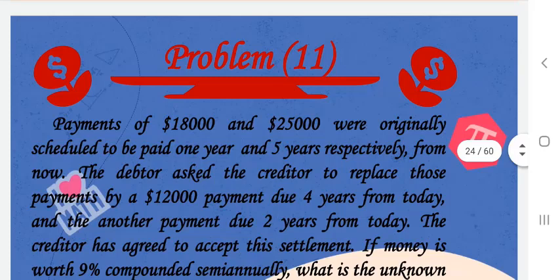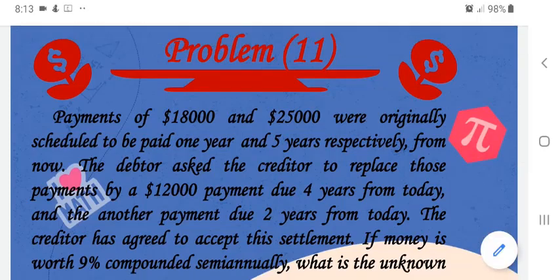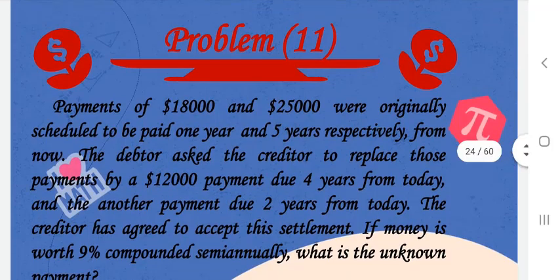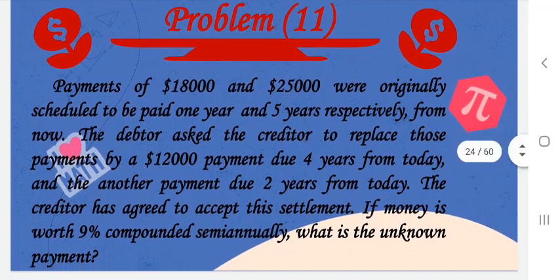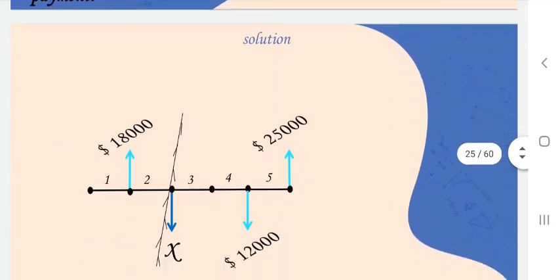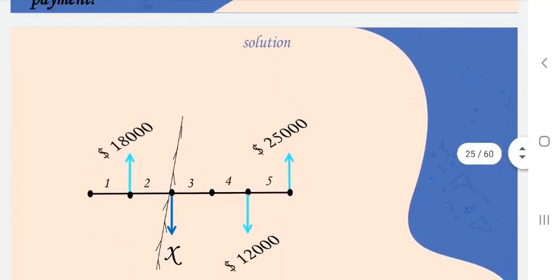At the beginning, we must draw the timeline. Look at the timeline. The debtor owes $18,000 after 1 year and $25,000 after 5 years. He will pay $12,000 after 4 years and X after 2 years.